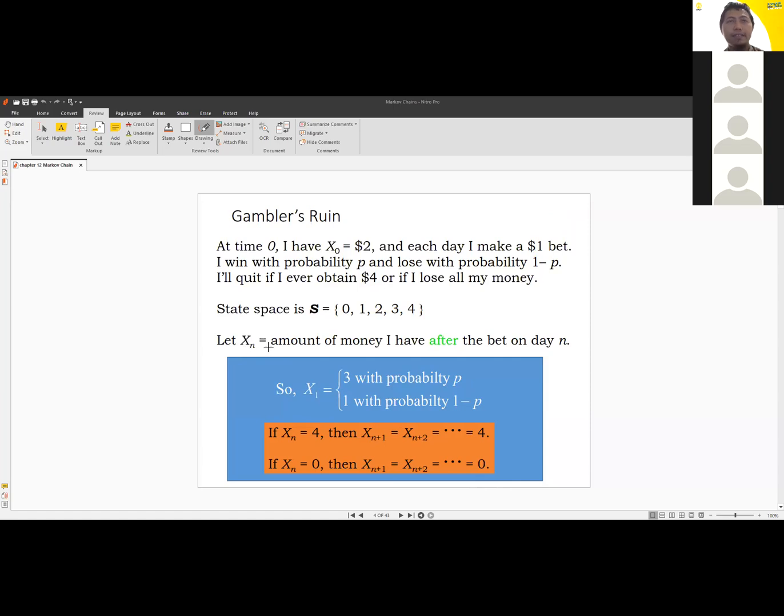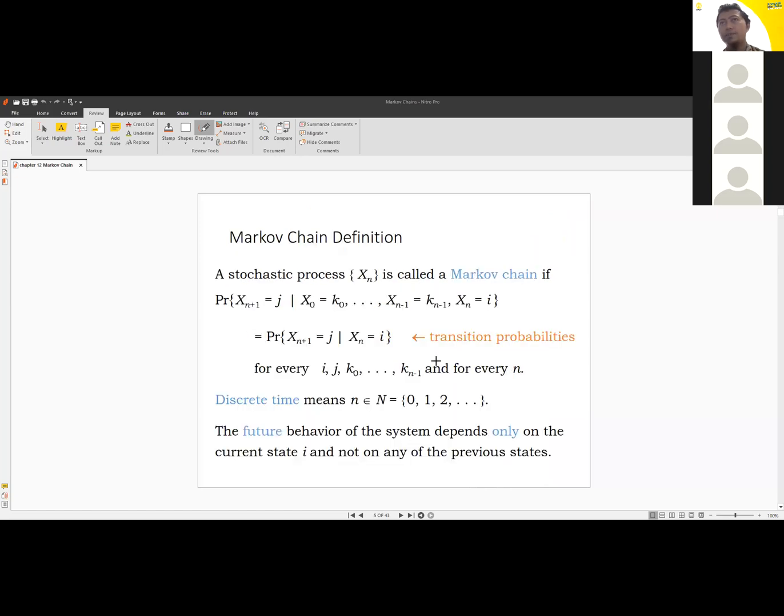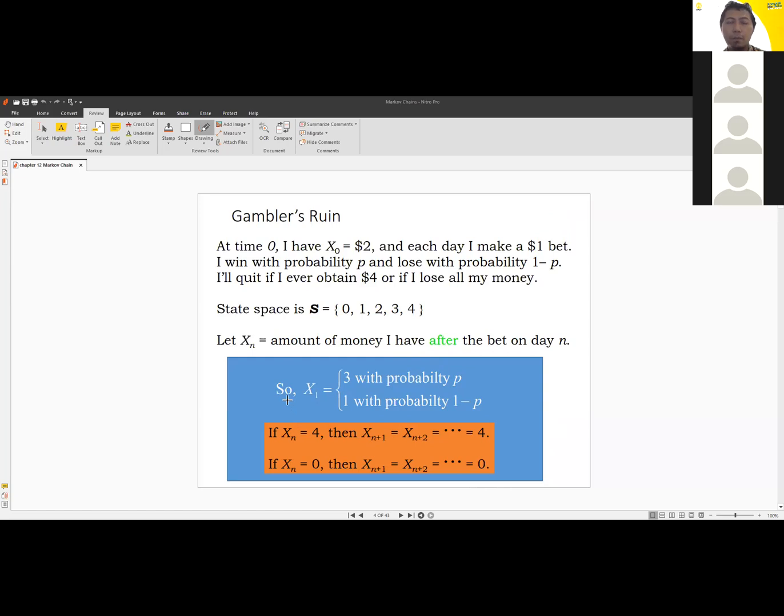Let xn be the amount of money I have after the bid on day n. So x1 means the amount of money I have after the bid on day 1.